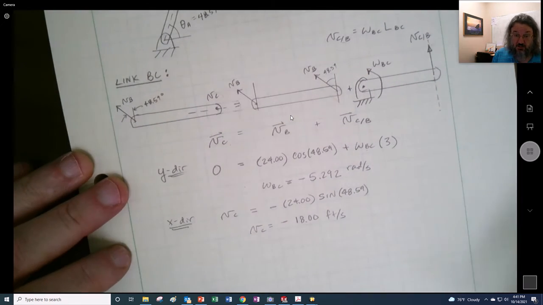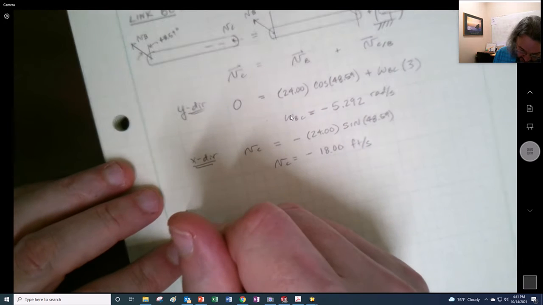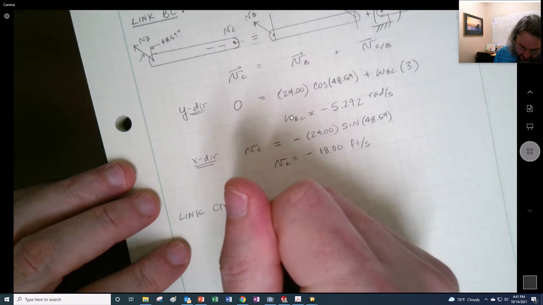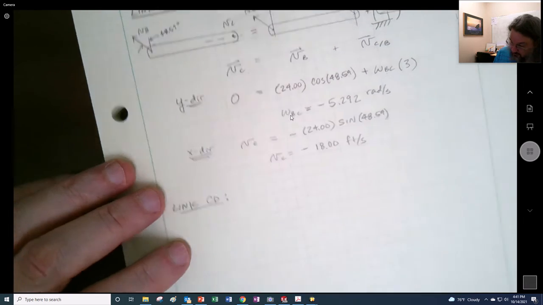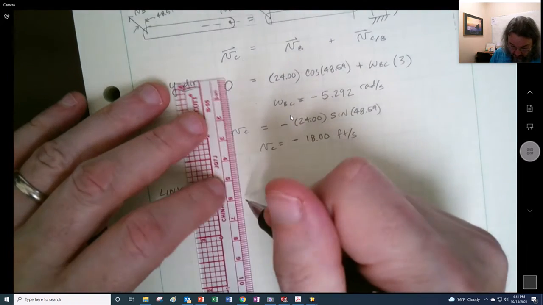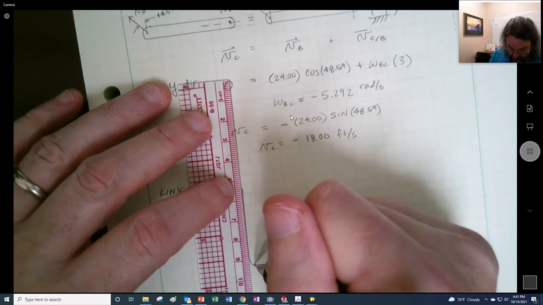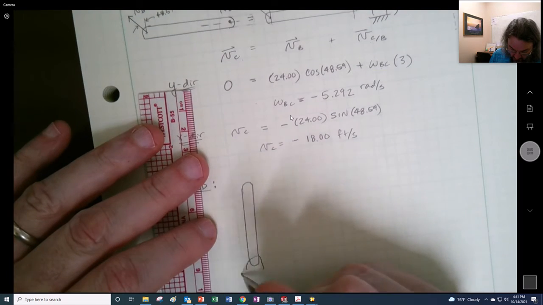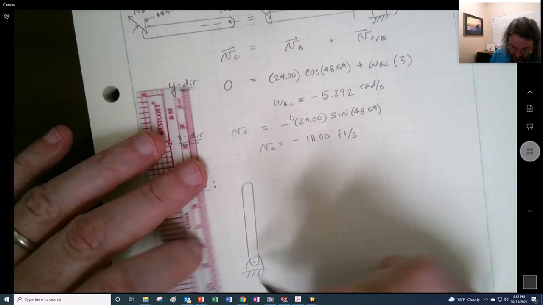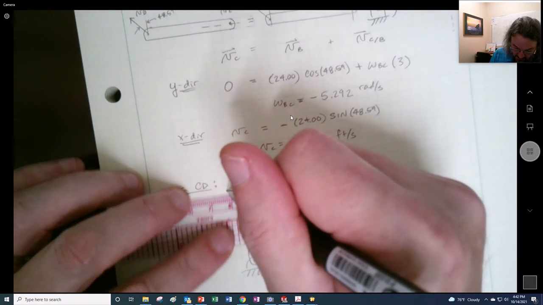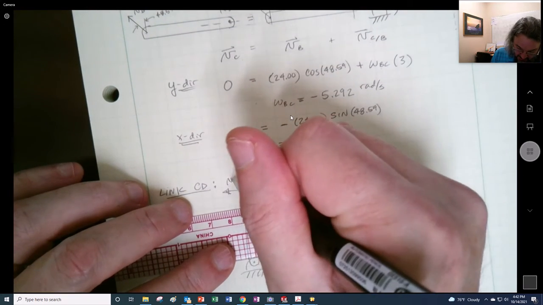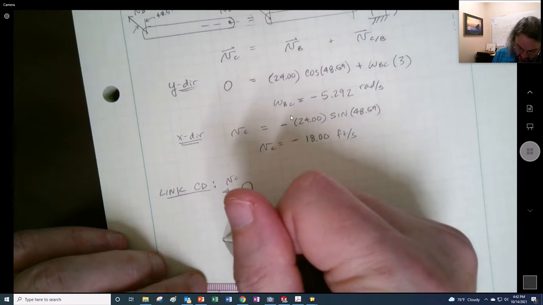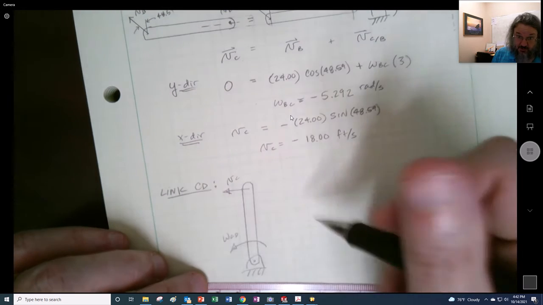Okay, so now we can do link CD. In link CD, it is now in pure rotation, and we've just found out that the velocity of c right here, and therefore this, must be omega CD right there.